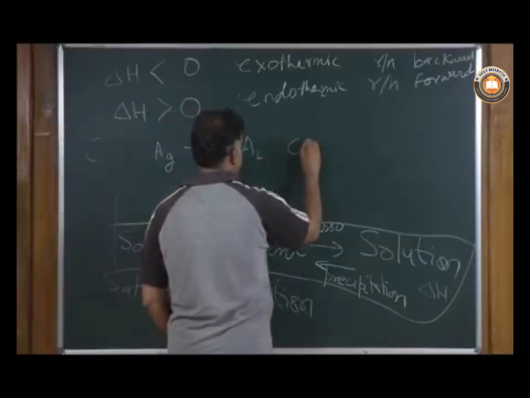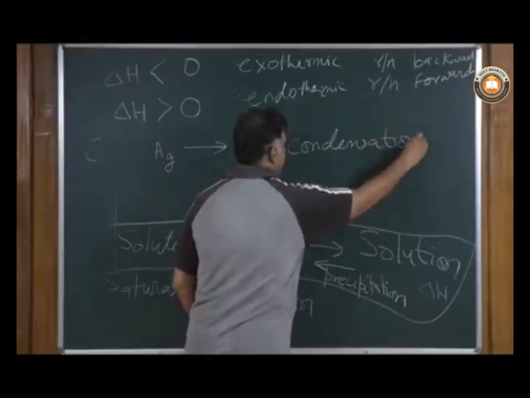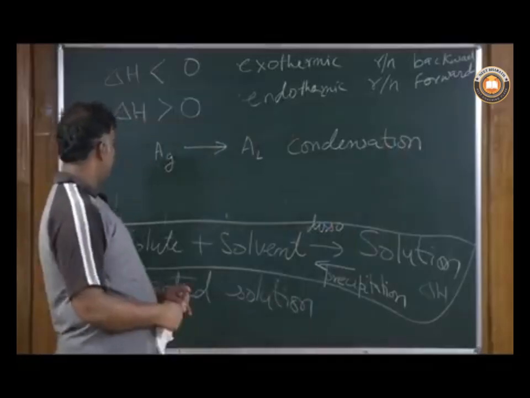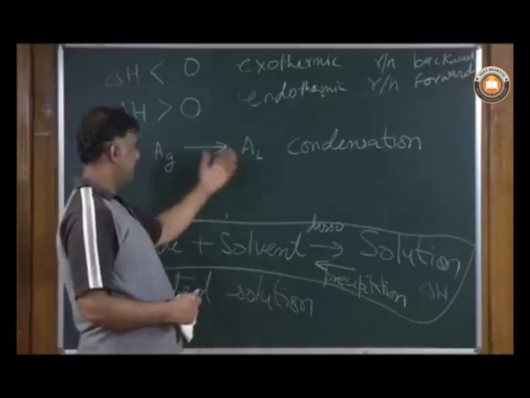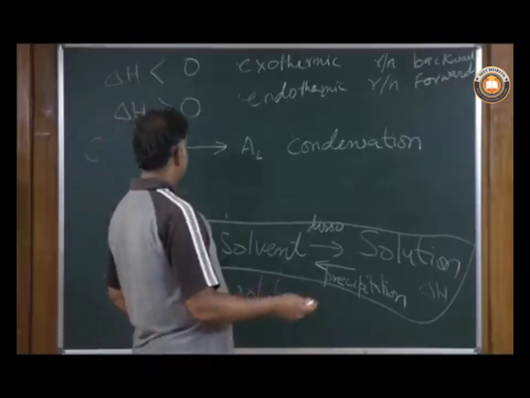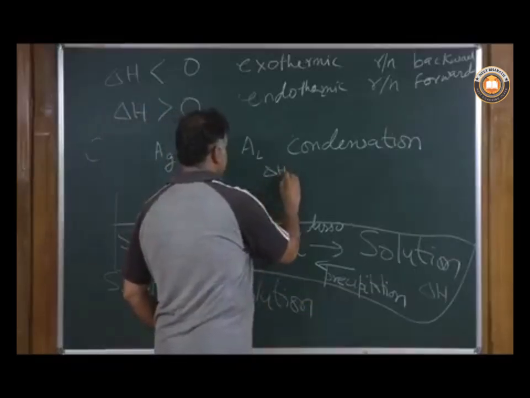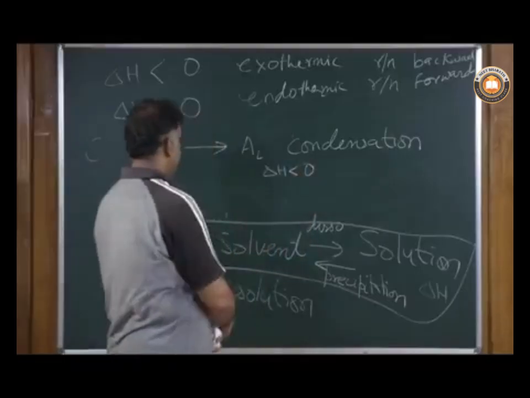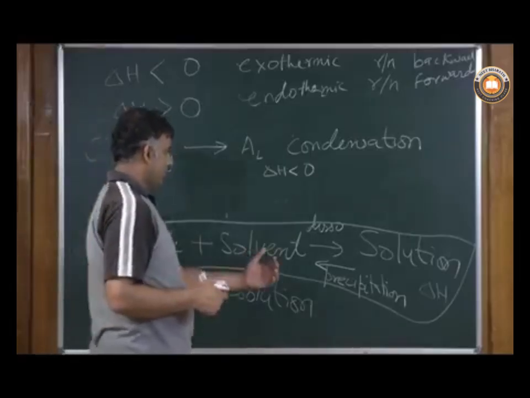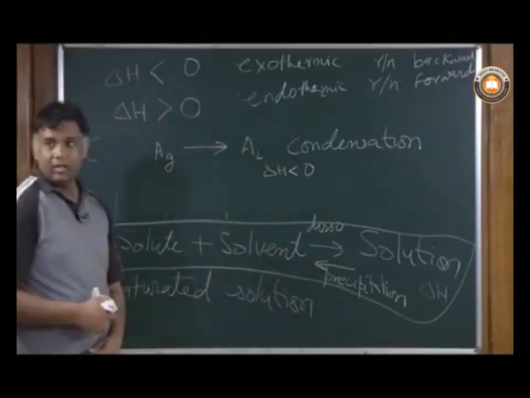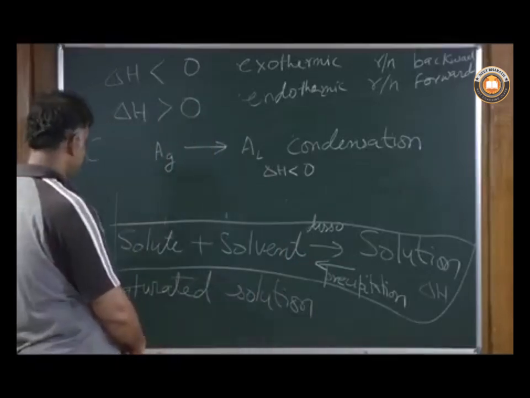This is a condensation. We know going from liquid to gas, that is boiling, we need energy. So, going from gaseous to liquid, energy will be evolved. So, this reaction is exothermic and delta H is less than 0. So, we can say as the temperature is increased, the reaction will go backward, that is, the solubility of gas in the solution decreases as we increase the temperature.